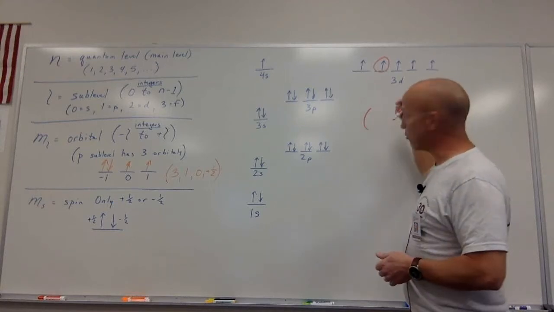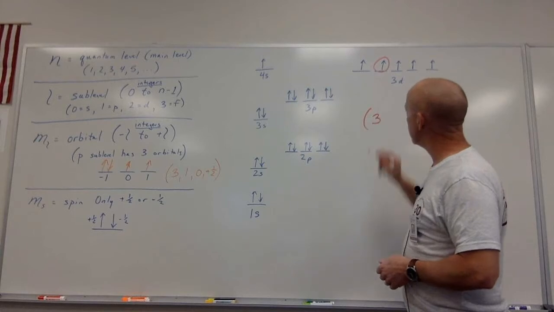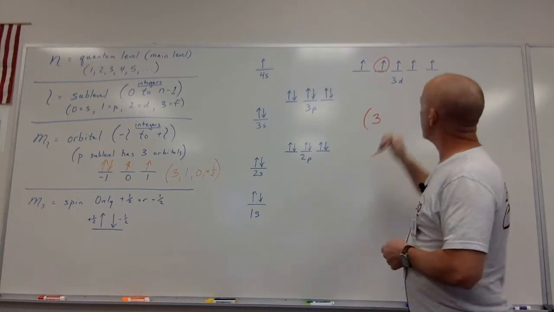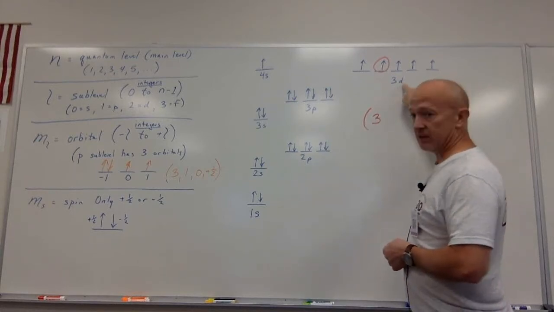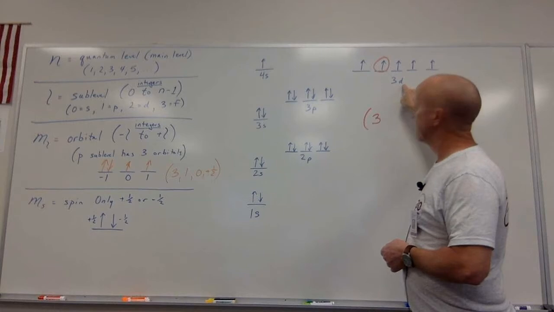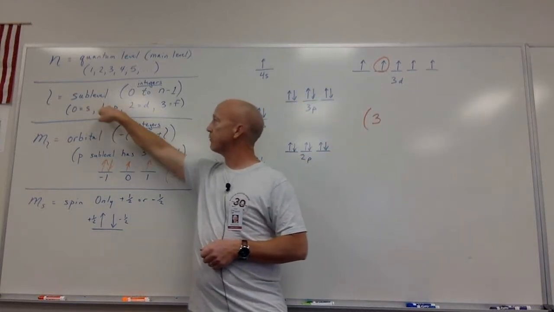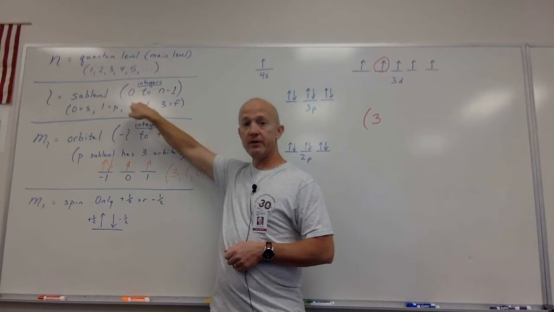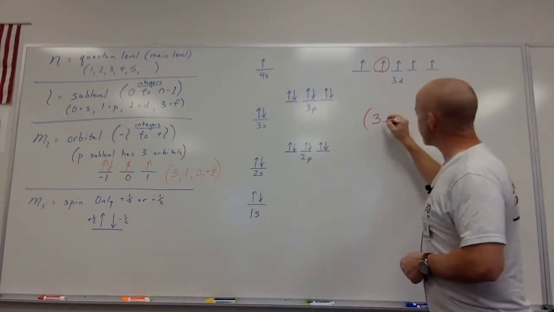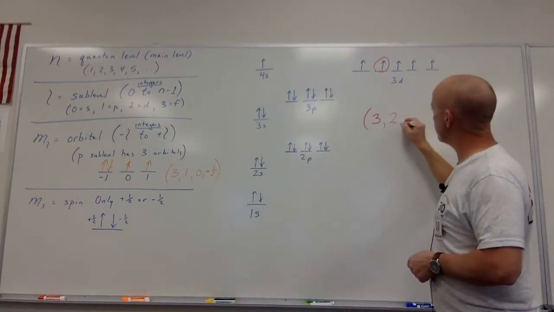So that's my first quantum number, 3. Next, we find that it's in the D sublevel. We saw over here that our designations are 0 for S, 1 for P, 2 for D. So therefore, the second number would be a 2.